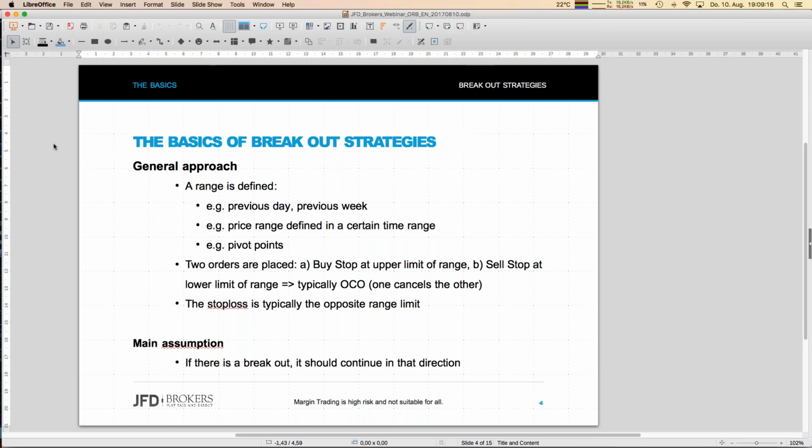So that is a basic definition of any breakout strategy. You have a well-defined range, and then you go on with that breakout in which direction it might occur.